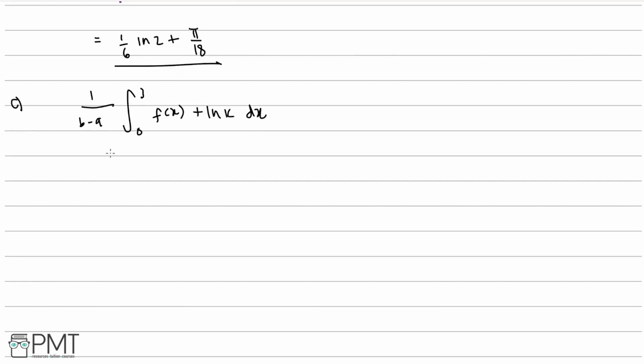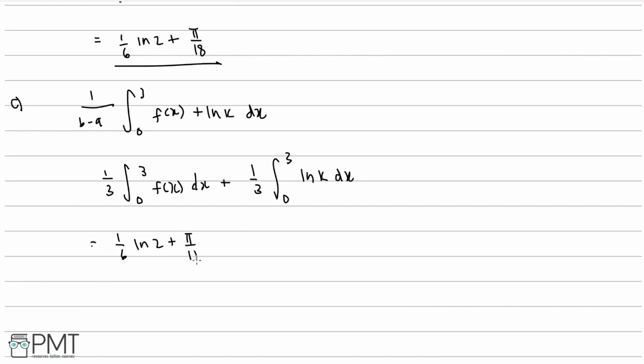So this is equal to 1 over 3 times by the integral of 0 to 3 of f of x with respect to x plus 1 over 3 times the integral between 0 and 3 of ln k with respect to x. Well, we know this. This is just 1 over 6 times ln 2 plus pi over 18.